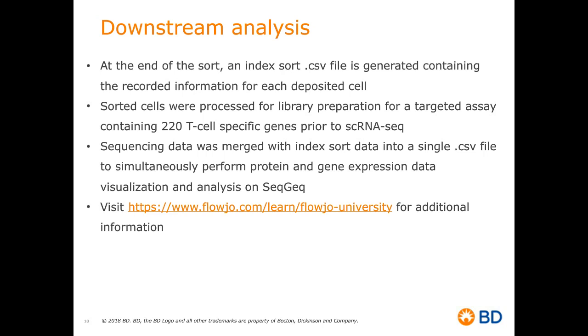I will not go into the detail on how to perform these steps and how to prepare for the bioinformatics. I will rather focus today on the biology, but I highly encourage you to visit the FlowJo website and the FlowJo University website, where you can find very comprehensive and extensive tutorials that can guide you through this process.